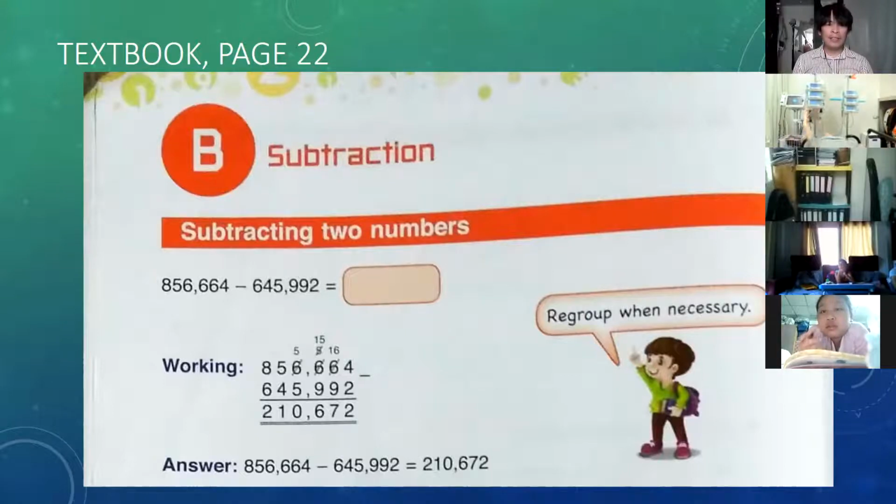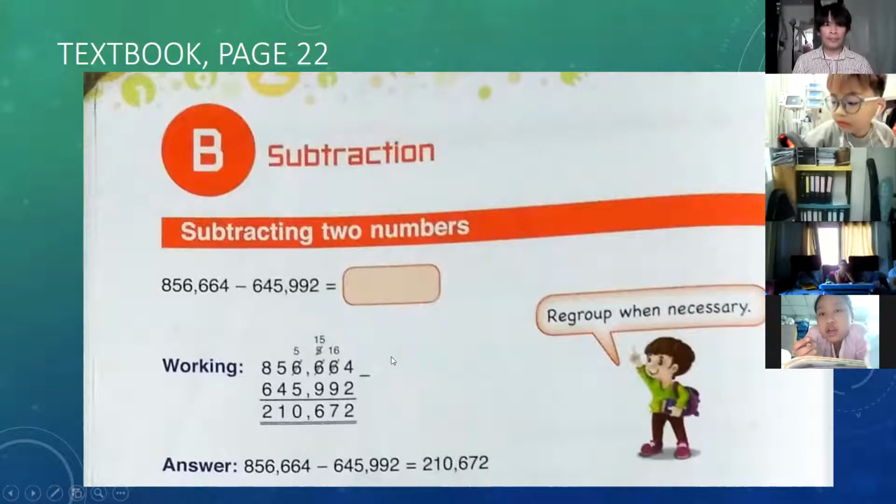And then 6 in the thousands place becomes 5. So 4 minus 2 is 2. 16 minus 9 is equal to 7.